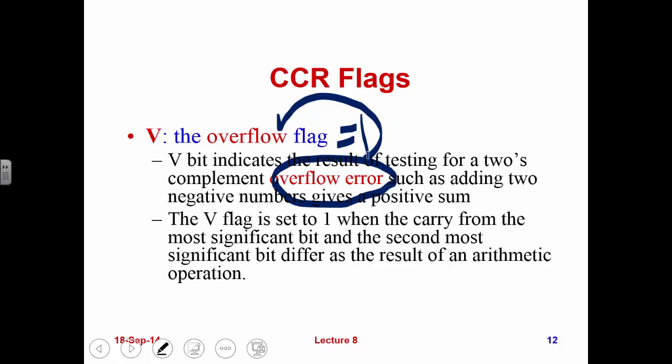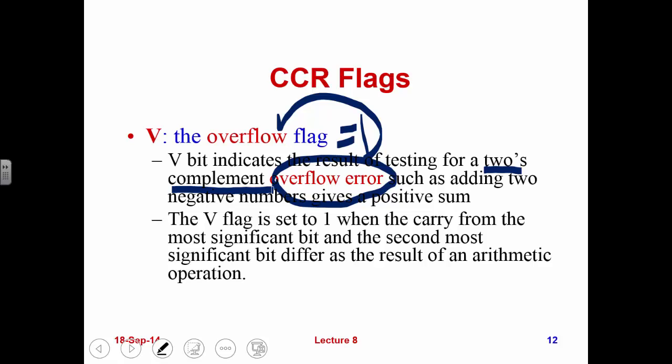Very simple example. You are adding two numbers. Make sure these numbers are two's complement numbers, signed numbers. If you want to check whether they cause overflow error or not, these numbers must be considered signed numbers. Assume we have two numbers considered positive: for positive ones the leftmost bit is 0, and for negative ones the leftmost bit is 1.